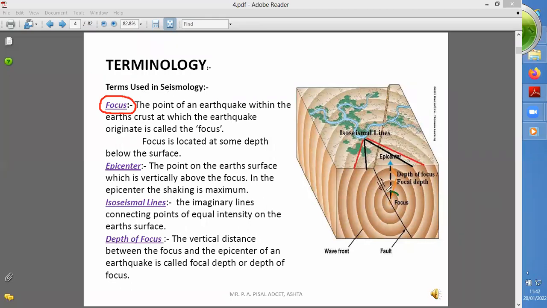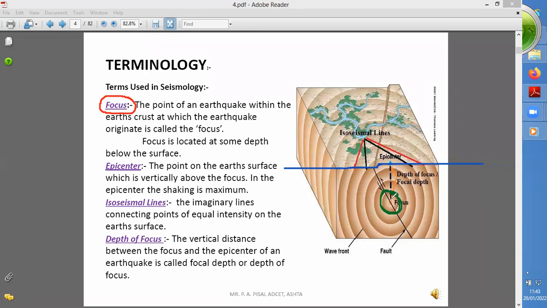Here you can see in the diagram, this is the focus, and where it is present inside the earth, because when you look here, this is the surface of the earth, which I have marked here with the blue line, and below that surface at certain depth, the focus point is present.